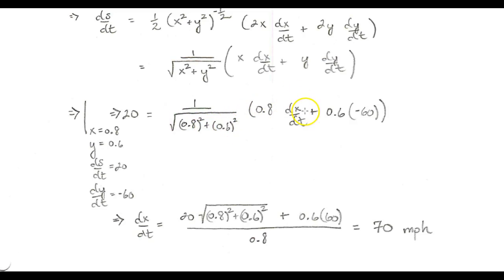We know dy/dt, the velocity of the cruiser, is minus 60. And then you just want dx/dt. So now we have a simple algebraic equation to solve for dx/dt. You go through that and you see that dx/dt is 70. Since that is not a negative number, I don't need to take the absolute value to make it the speed. That's also the speed, 70 miles per hour.